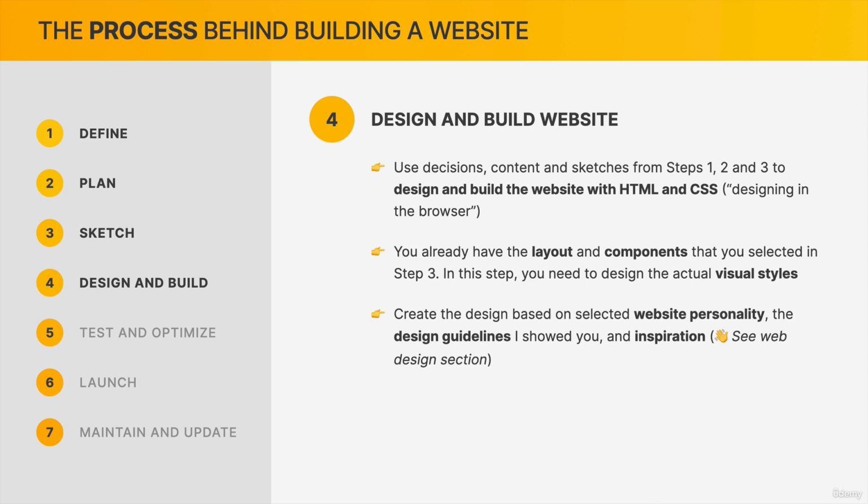And of course, the third ingredient of building a good design is that you need to get a lot of inspiration before you actually style and design your page. So that's basically just what we learned in the web design section and also in the last section, right? Now, one thing that is quite common is that your client will already have some kind of branding in place. And that's especially true if you're working for a little bit bigger of a company.